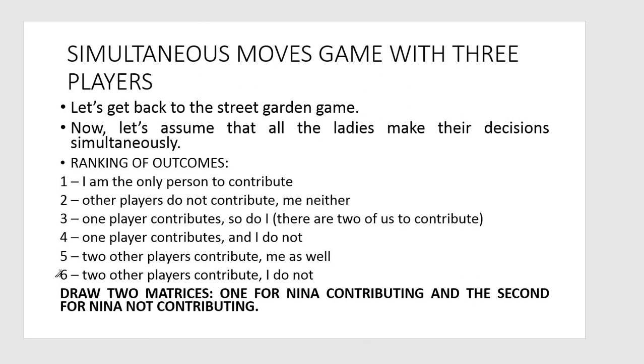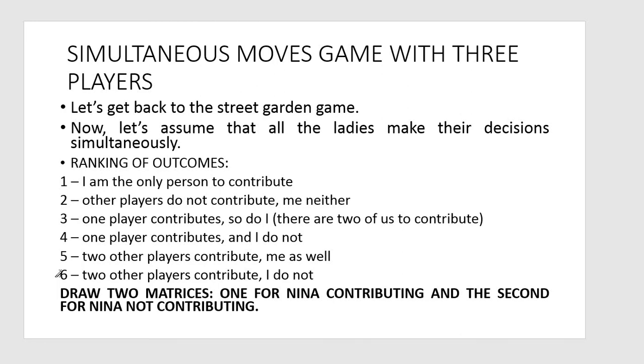So let's assume that in one case Nina contributes, and in the second case Nina does not contribute. So Nina has two available options, and we can draw two tables with payoffs, two payoff matrices, depending on whether Nina contributes or whether she does not.